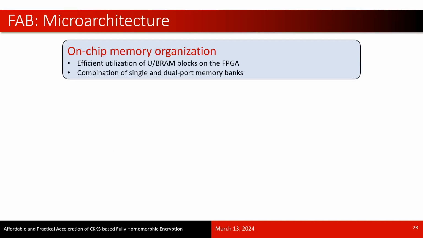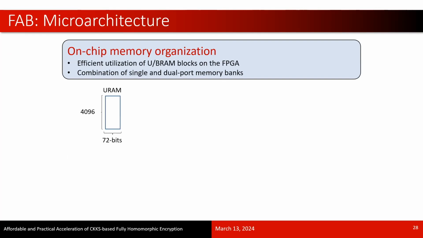Then coming on to the on-chip memory organization. We used the Alveo U280 FPGA board, and this board has two types of on-chip memory blocks, the UltraRAM blocks and the block RAM blocks. UltraRAM blocks are called URAM blocks in short, and block RAM blocks are called BRAMs.